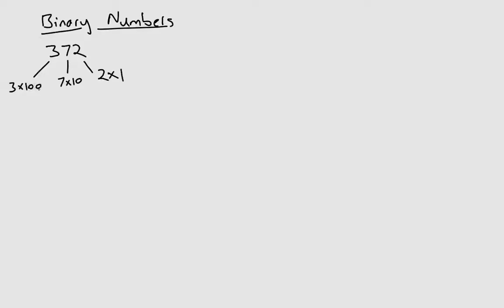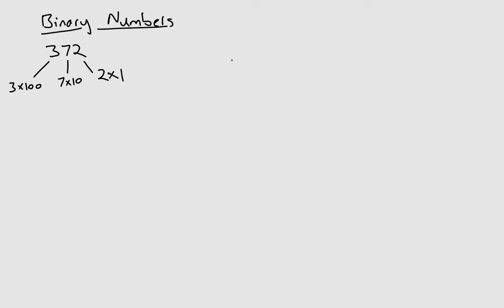So this is the decimal system based on tens. The rightmost digit tells you how many ones you've got, then how many tens, then how many lots of 10 times 10, then how many lots of 10 times 10 times 10, then how many lots of 10 to the power of 5, and so on.